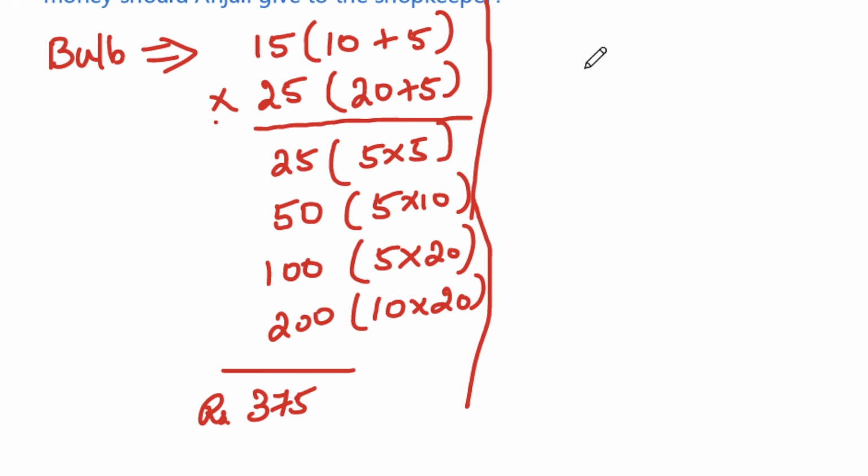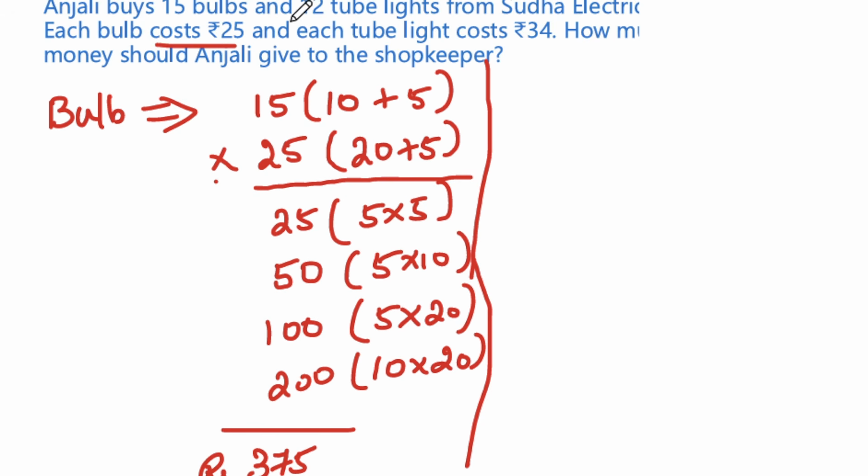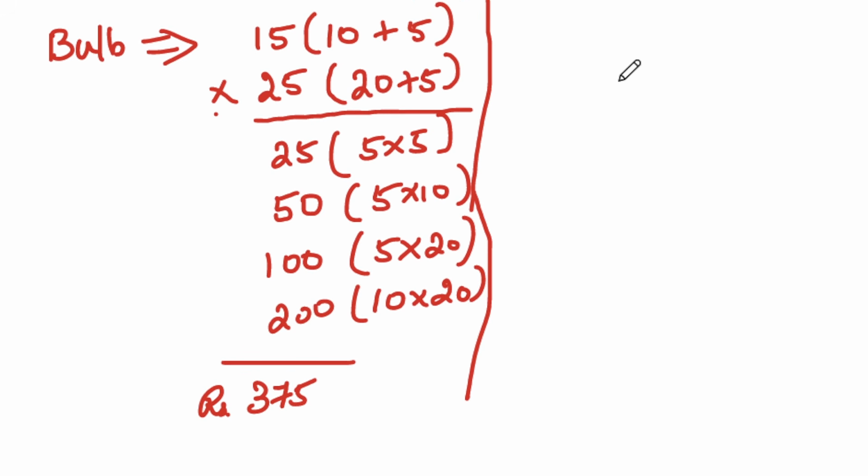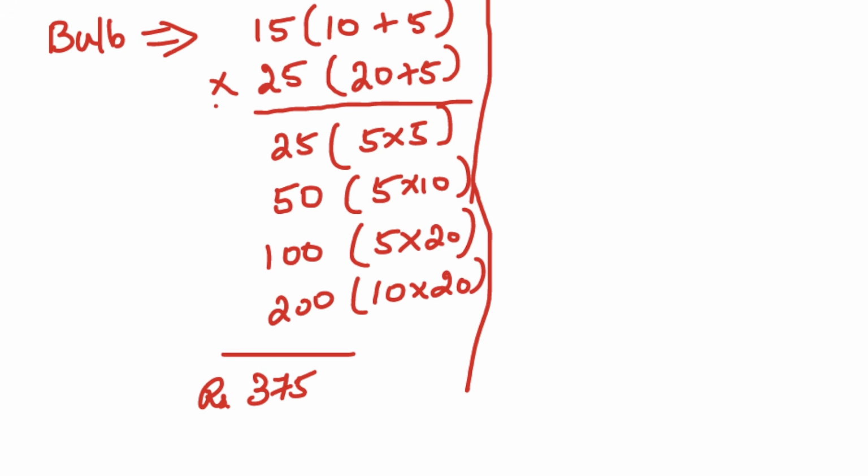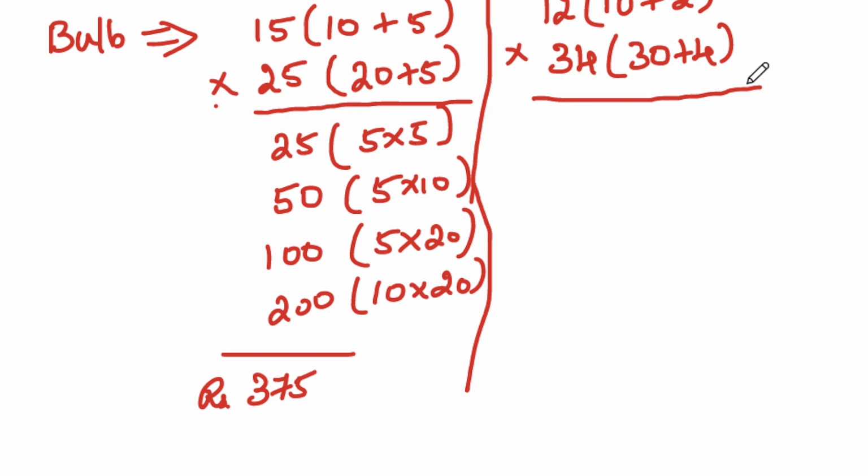Okay, so next we will see tube light. So 12 tube lights, each tube light costs 34 rupees. Okay, so 12 can be written as 10 plus 2. Next 34, which can be written as 30 plus 4. Okay, so first 4 into 2, 4 2s are 8. Next 4 into 10, which is 40.